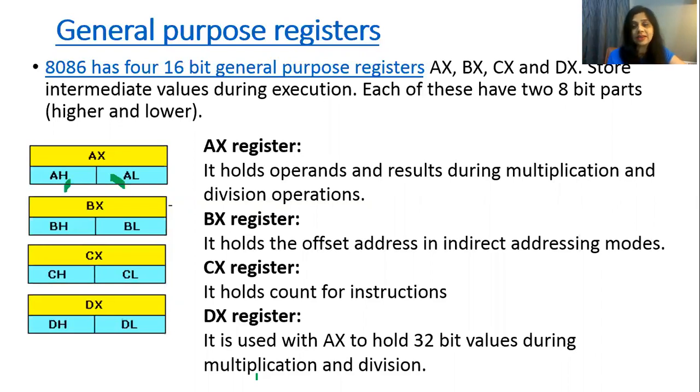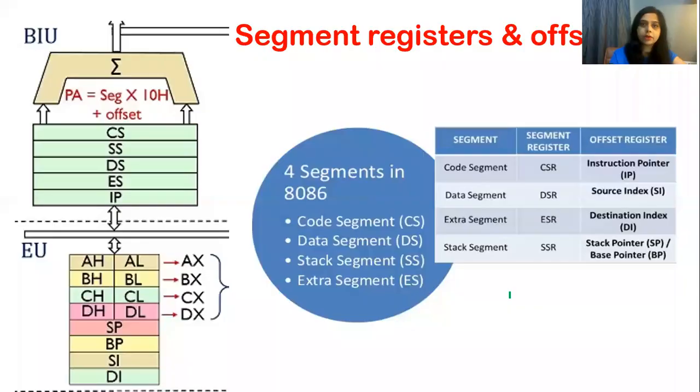The DX register is used with the AX register to hold a 32-bit value during multiplication and division. So along with storing general purpose data, these are some special operations for which AX, BX, CX, and DX are used.